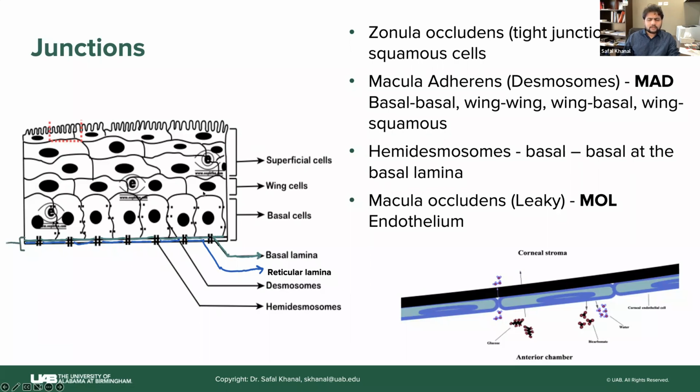Macula adherens are basal to basal connection, wing to basal connection, and wing to wing connection. And the hemidesmosomes are at the lowermost side, at the basal lamina. There's also your macula occludens, which is in the endothelium of the cornea. So these are some of the important junctions to remember when it comes to the different connections between different cells in the cornea.